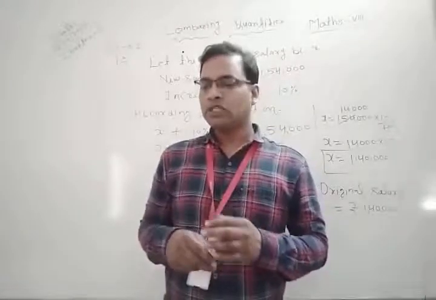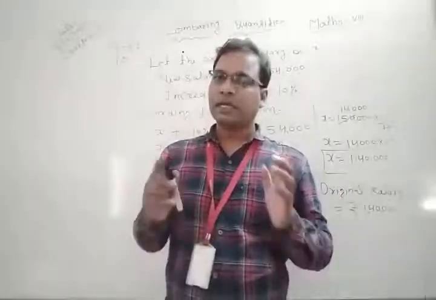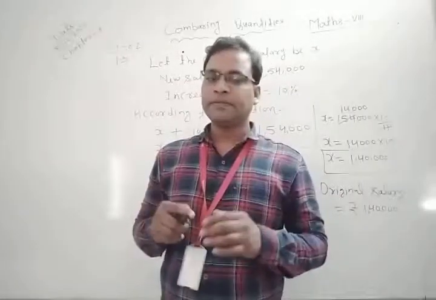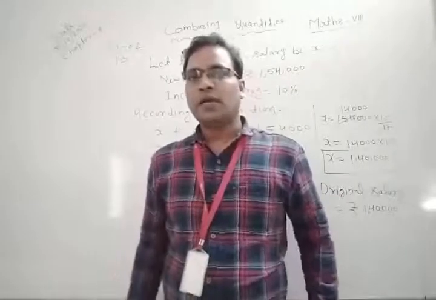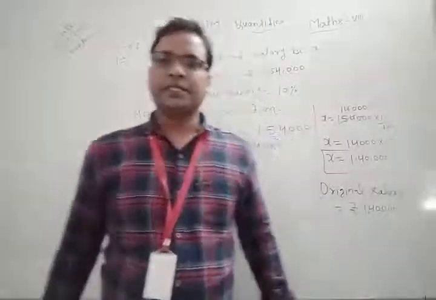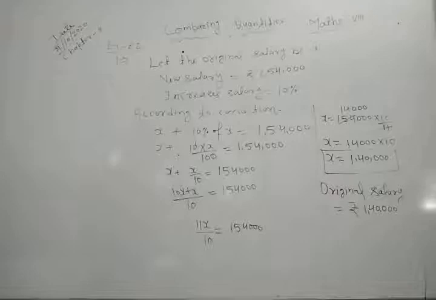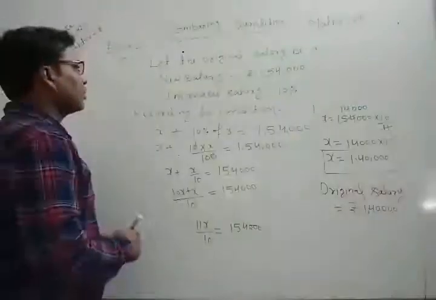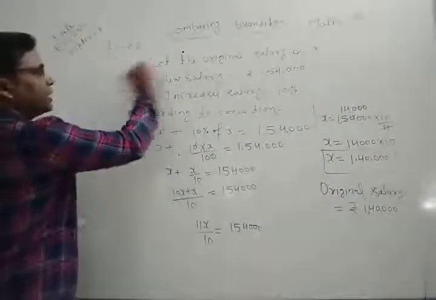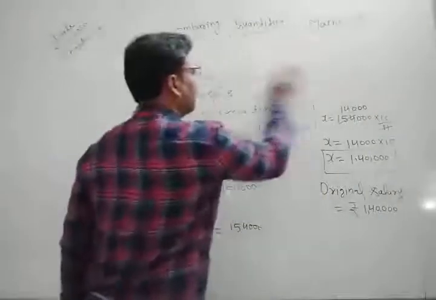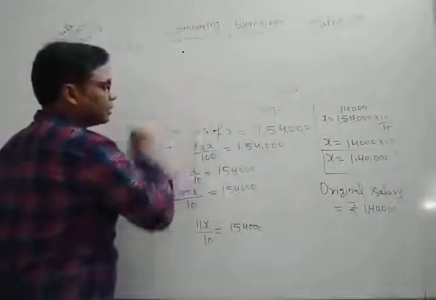Okay, after this we find the decrease percentage. So let's see how to find the decrease percentage. So here first we write it. After this we find the decrease percentage.